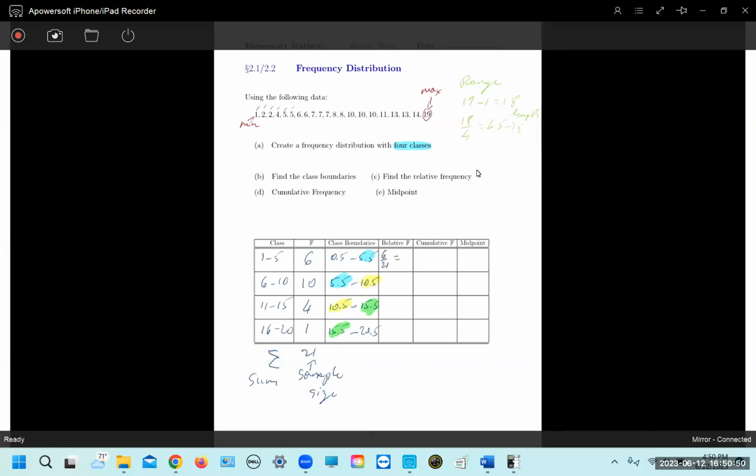So now it's 6/21, which gives 29%. Then 10/21 is 48%, 4/21 is 19%, and 1/21 is 4%.